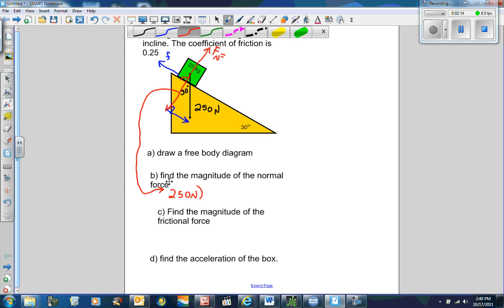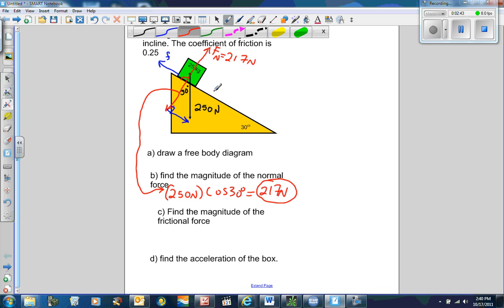That's the force of gravity, or the weight, times cosine of 30 degrees, and that's going to give me 217 newtons when I round it off. Let me check that to be sure. Yeah, 217. So I know this equals 217 newtons.